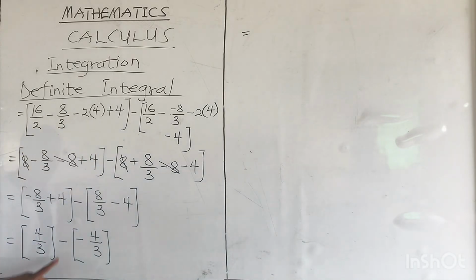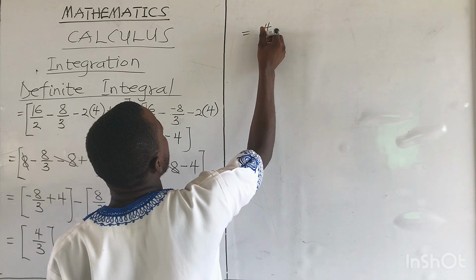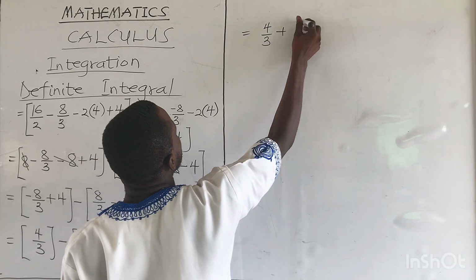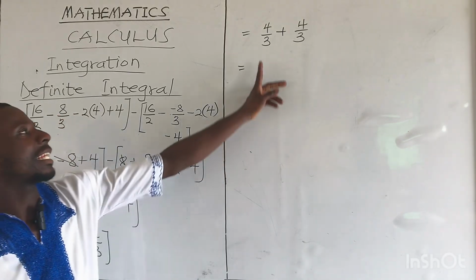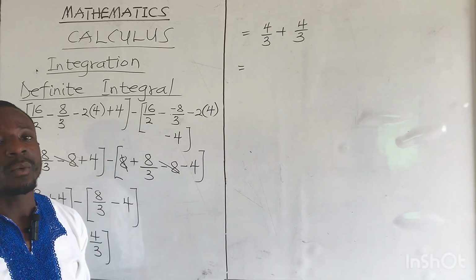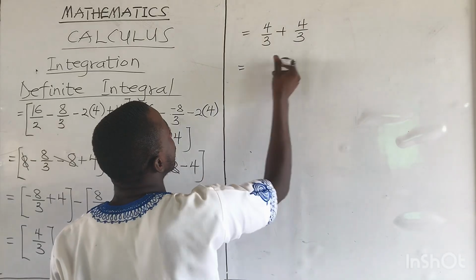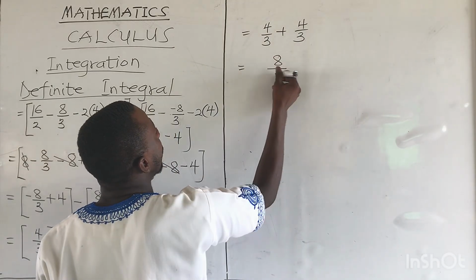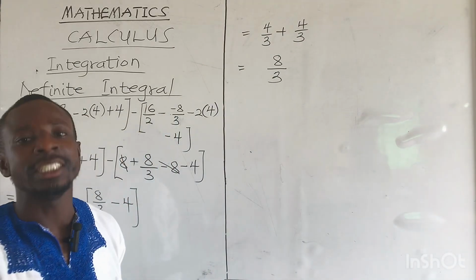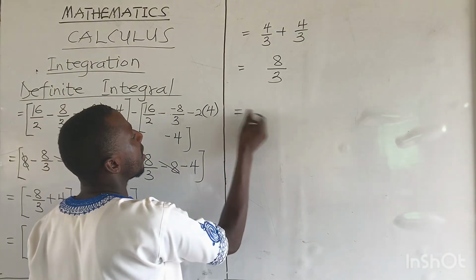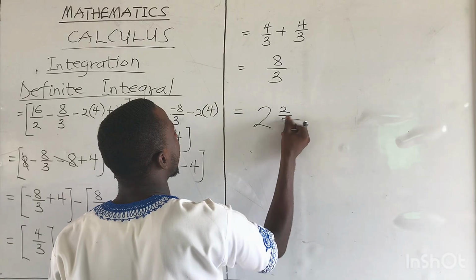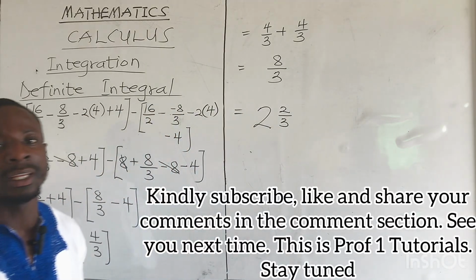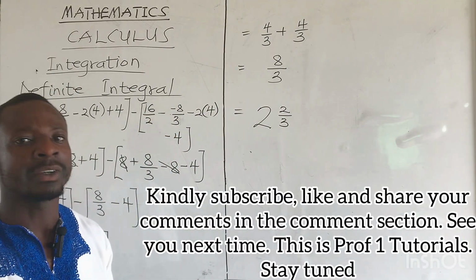When two negatives meet, we are going to get 4 over 3 plus 4 over 3, and this is like fractions. With like fractions, we add the numerators, which is 8 over, then we pick one of the denominators. So the final answer is going to be 2 whole number 2 over 3. This will be the final answer for the second question.